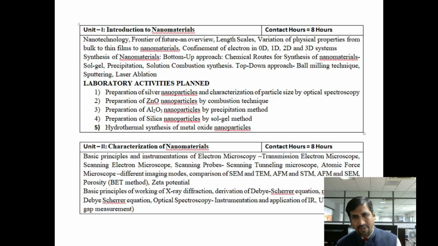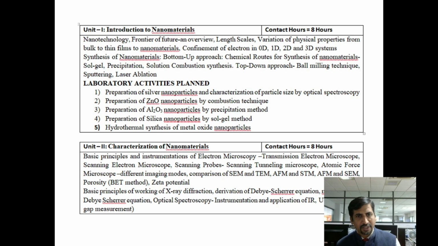Zero means nanoparticles, one dimensional gives nanowires, two dimensional thin films, three dimensional bulk materials. How these nanomaterials are synthesized, there are two approaches, the bottom up approach and the top down approach. Both approaches will be dealt with here.